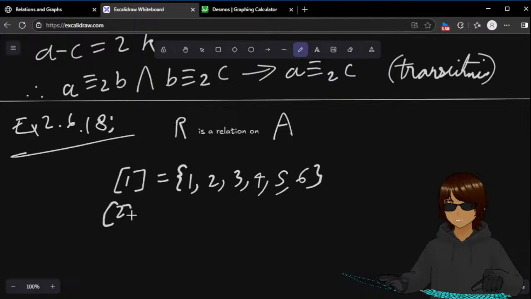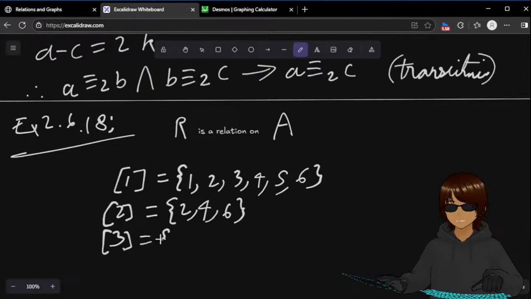The relation class of 2 is 2, 4, 6. For 3, it's 3 and 6. Wait, it's 1 as well. No, no, it's not 1. Is it 1?